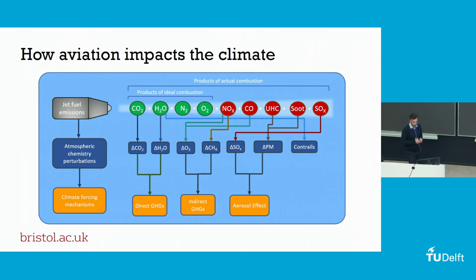And finally, when you've got the emission of water vapor in sufficiently cold and humid environments, the water vapor can condense around the particles in the atmosphere, in the aircraft exhaust, resulting in climate change through the generation of contrails, which are clouds of ice crystals. Now, these contrails actually generate a warming effect because they're more effective at trapping heat within the atmosphere than they are at reflecting inbound sunlight.